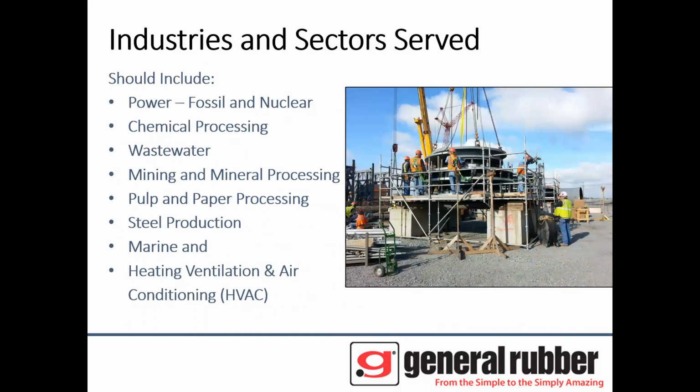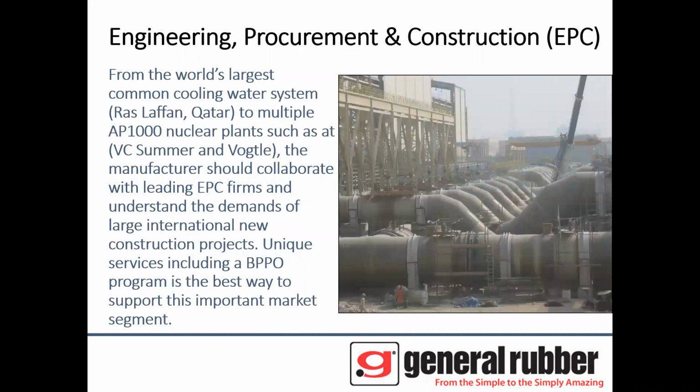So industries and sectors served, manufacturers should include the power, fossil and nuclear, chemical processing, wastewater, mining and mineral processing, paper and pulp processing, steel production, marine and HVAC, to name a few.